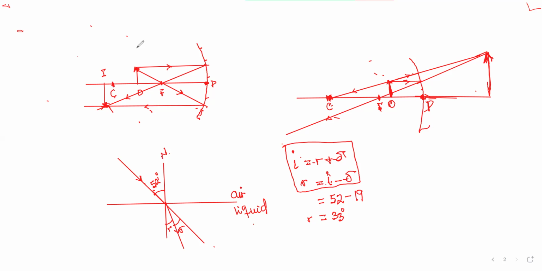I'm taking it again. Listen attentively. A ray on the principal axis is reflected along the same path. What is the angle between the reflected ray and the normal?